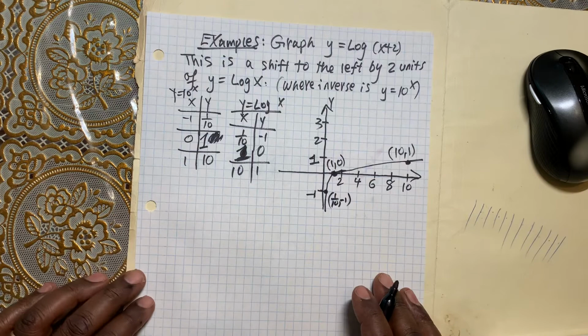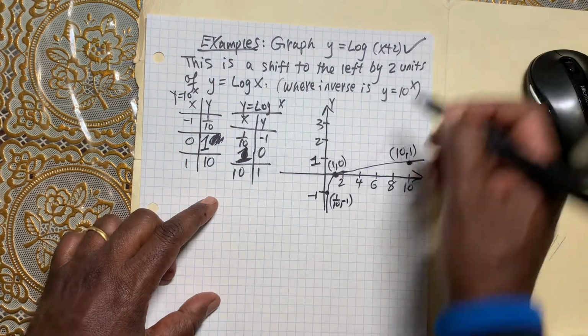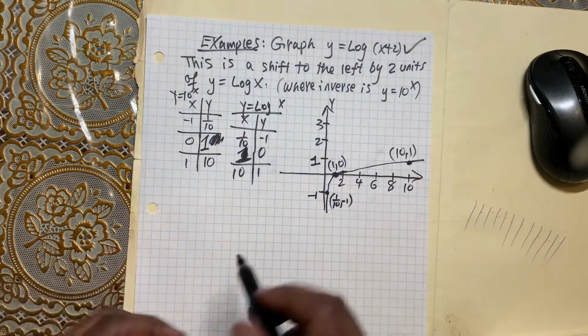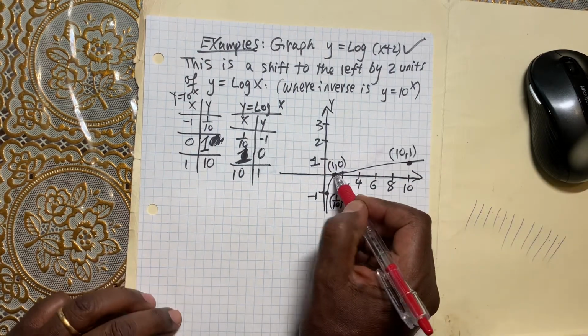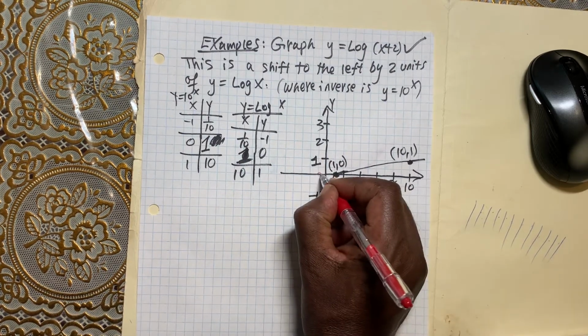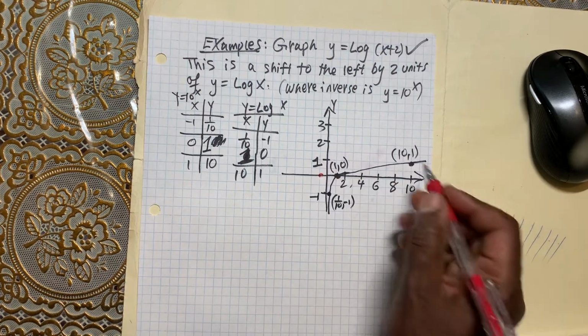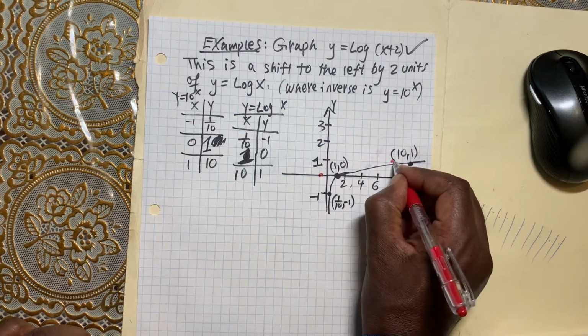So if I want to graph log of x plus 2, I'm moving this to the left. The point 1, 0 comes to negative 1, 0. The point 10, 1 comes to 8, 1 here.